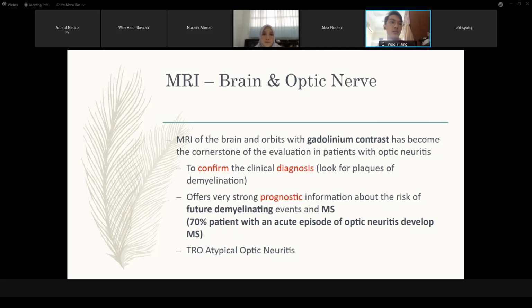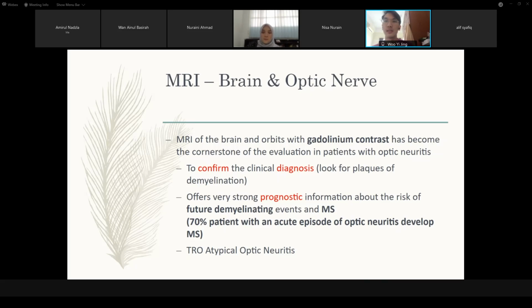Right, so for multiple sclerosis especially, we can use MRI to find out the cause and if there is optic nerve inflammation. The MRI of the brain and orbits with gadolinium contrast has become the cornerstone of evaluation in patients with optic neuritis.